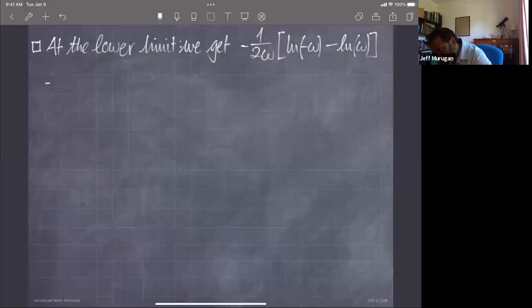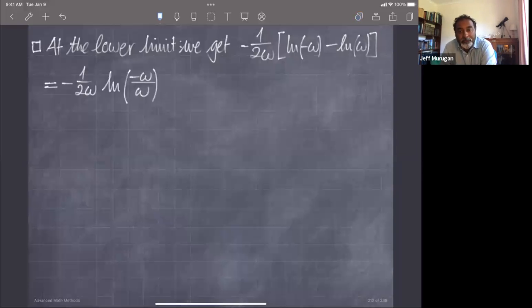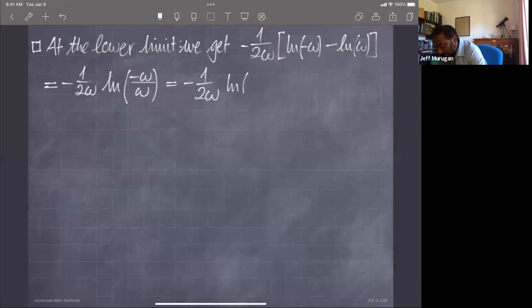So this is equal to minus 1 over 2 omega times the log of minus omega over omega. Let me be a little more clear about this. Log of minus omega over omega, which is minus 1 over 2 omega log of minus 1.